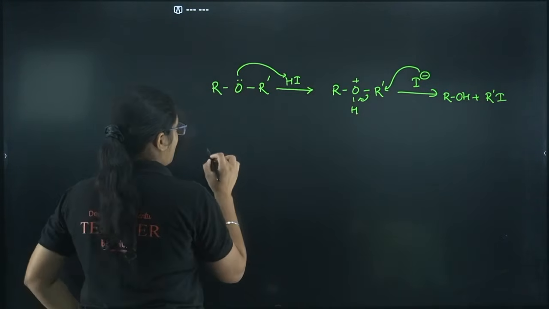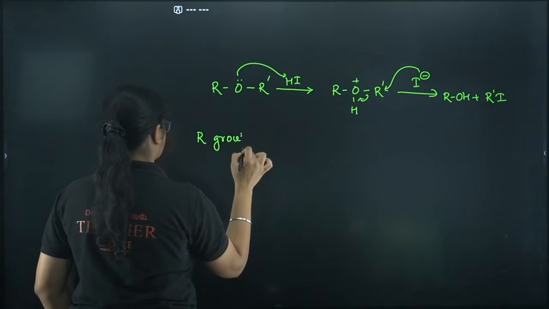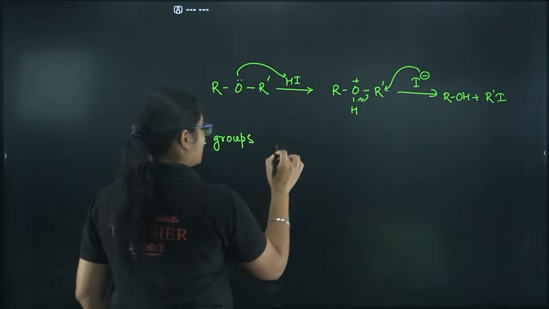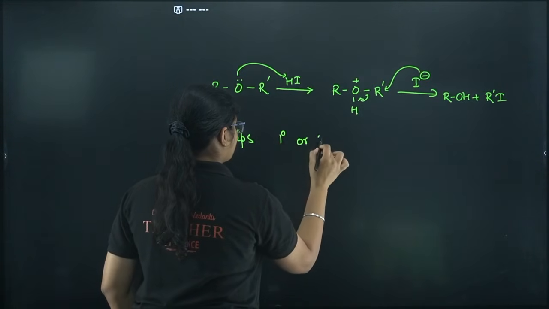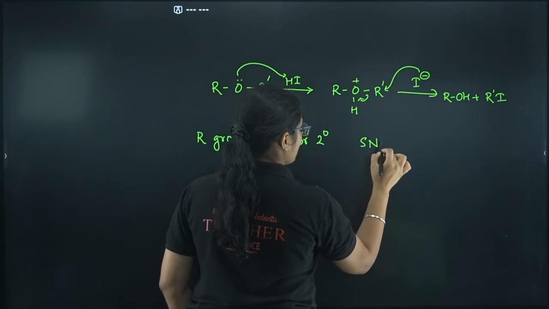Now see, if both the R groups that we have are primary or secondary, then the reaction proceeds by SN2 mechanism.